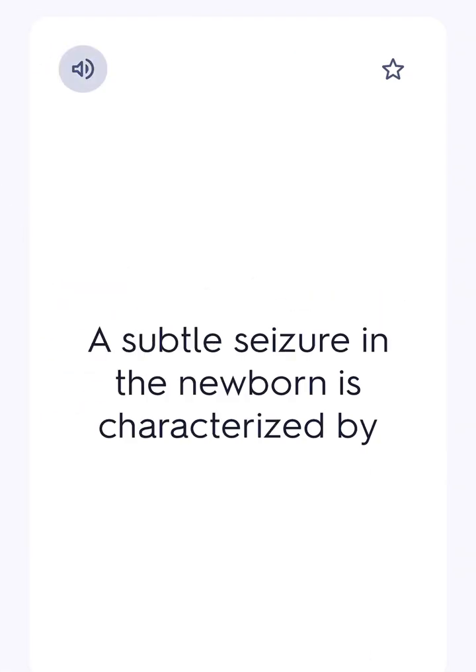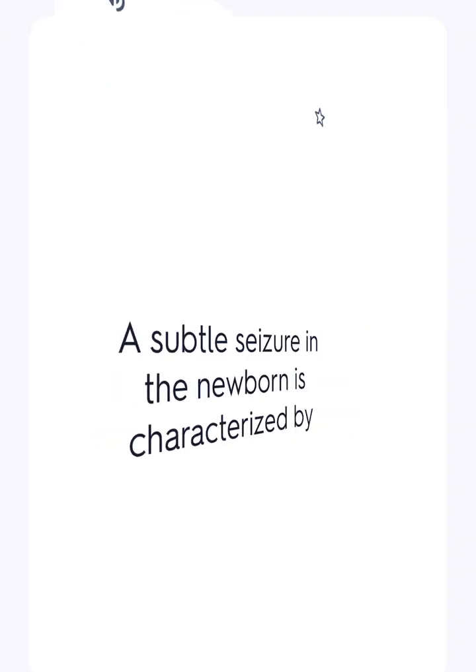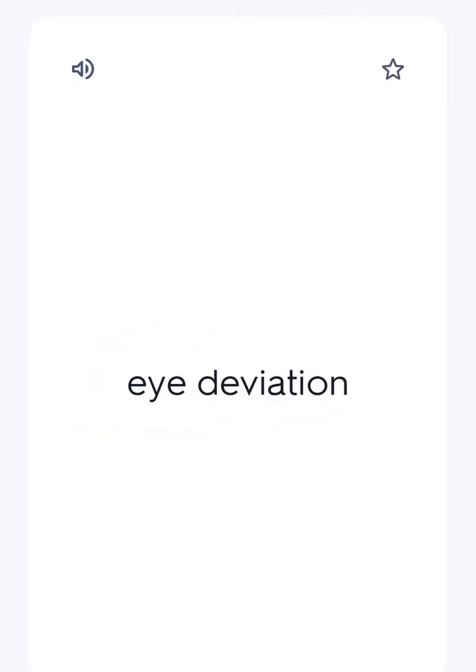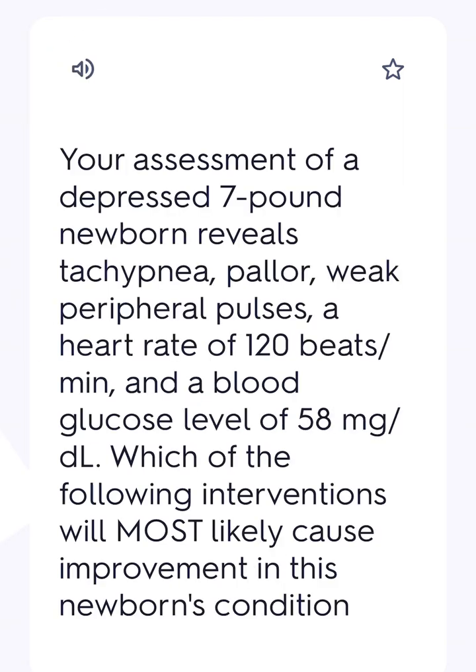A subtle seizure in the newborn is characterized by eye deviation. Your assessment of a depressed 7-pound newborn reveals tachypnea, pallor, weak peripheral pulses, a heart rate of 120 beats per minute, and a blood glucose level of 58 milligrams per deciliter.